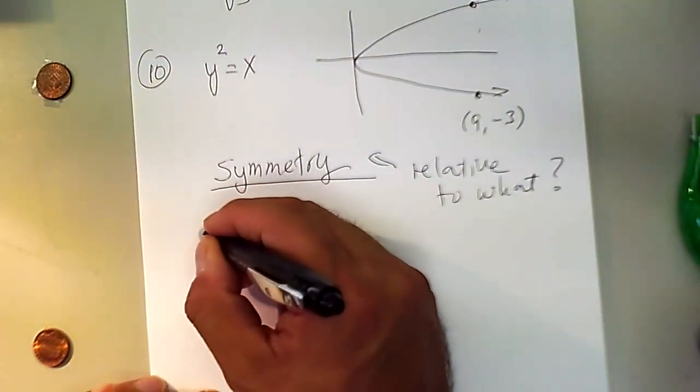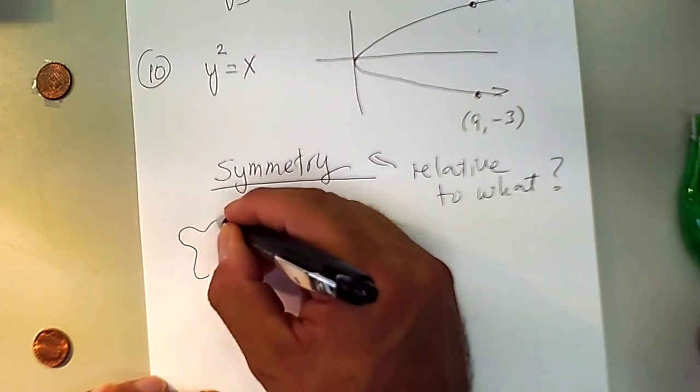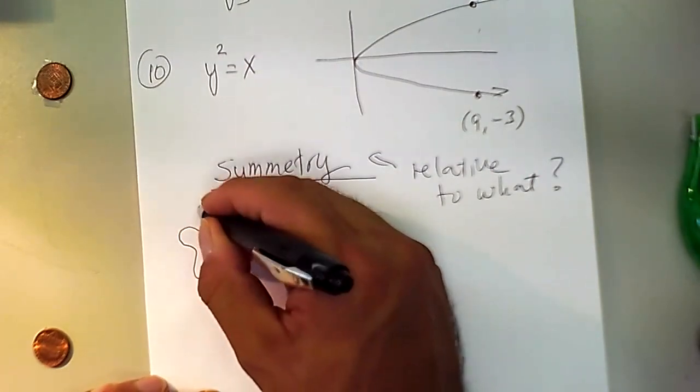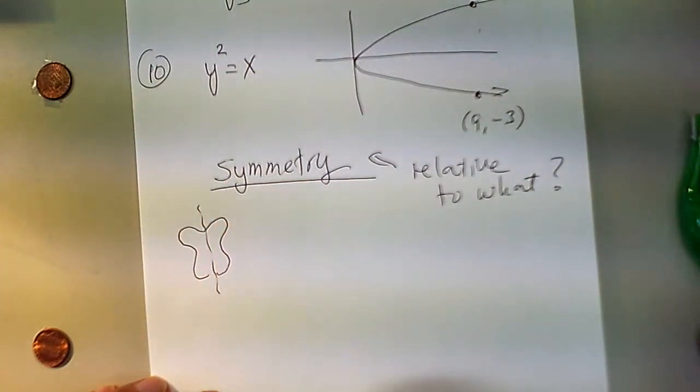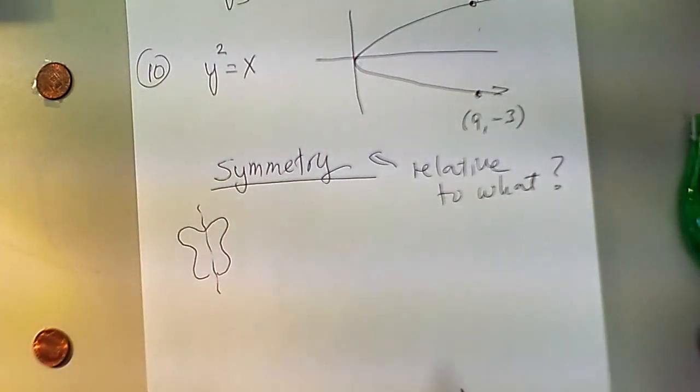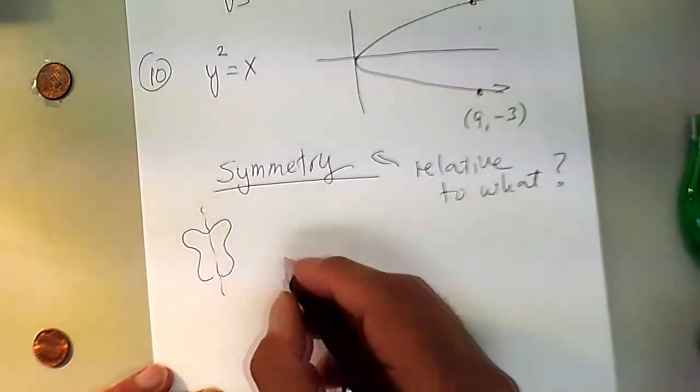So pretend you got a butterfly kind of picture, and a lot of us think of a butterfly, if it's a perfect butterfly without missing any part to it. Butterflies are pretty symmetric, or we think of them as symmetric.